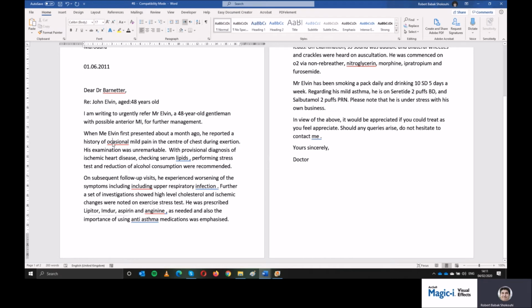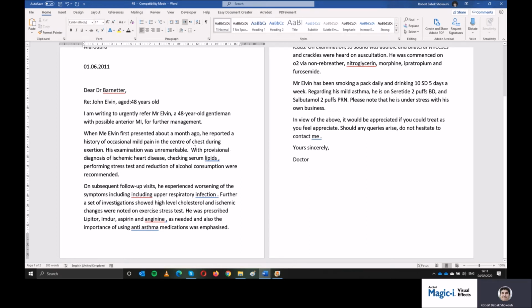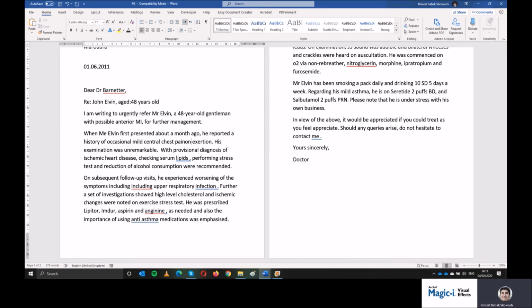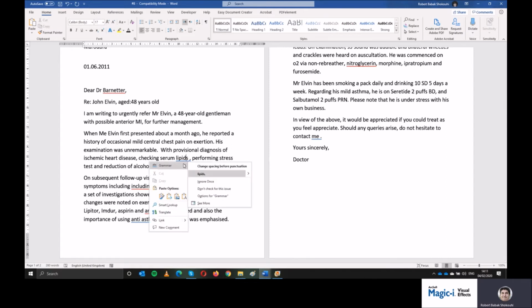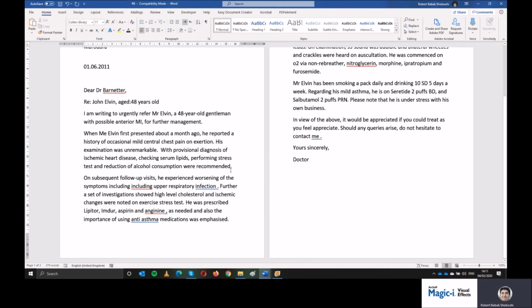He reported a history of occasional mild pain in the center of chest, occasional mild central chest pain on exertion. His examination was unremarkable, with provisional diagnosis of ischemic heart disease, checking serum lipids, performing a stress test, and reduction of alcohol consumption were recommended.